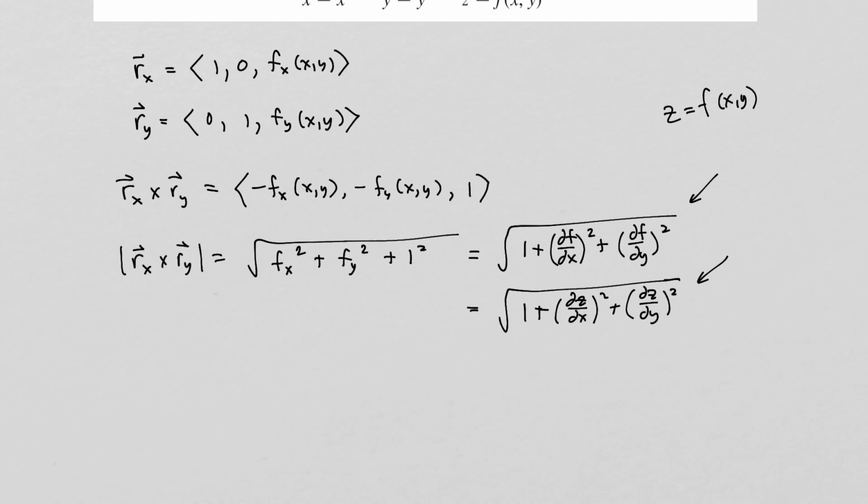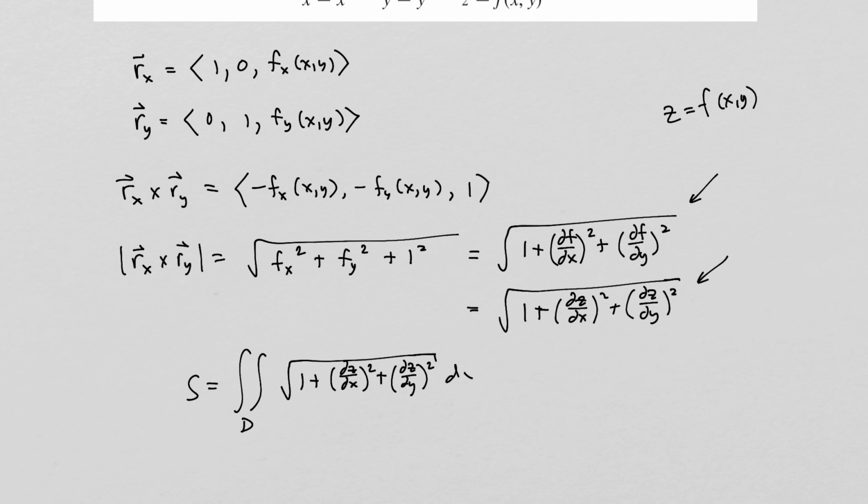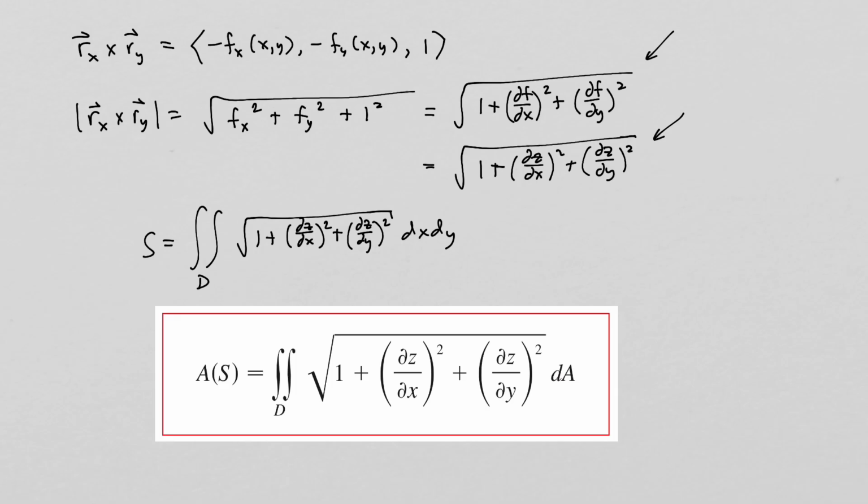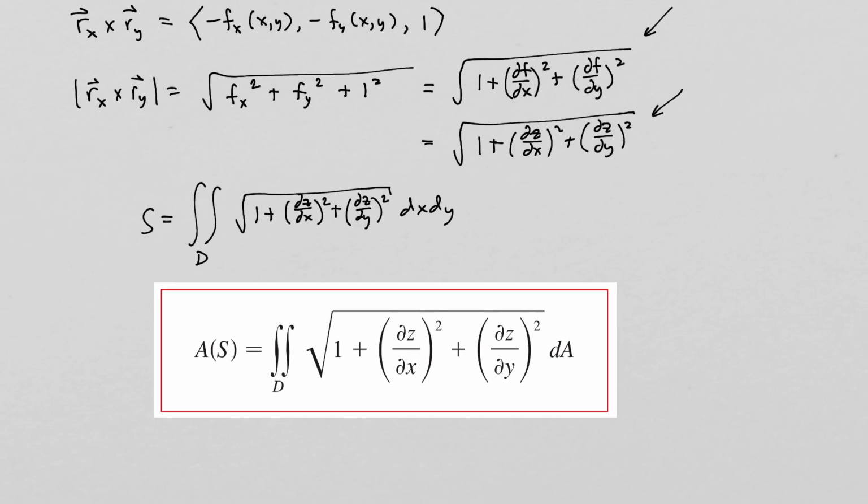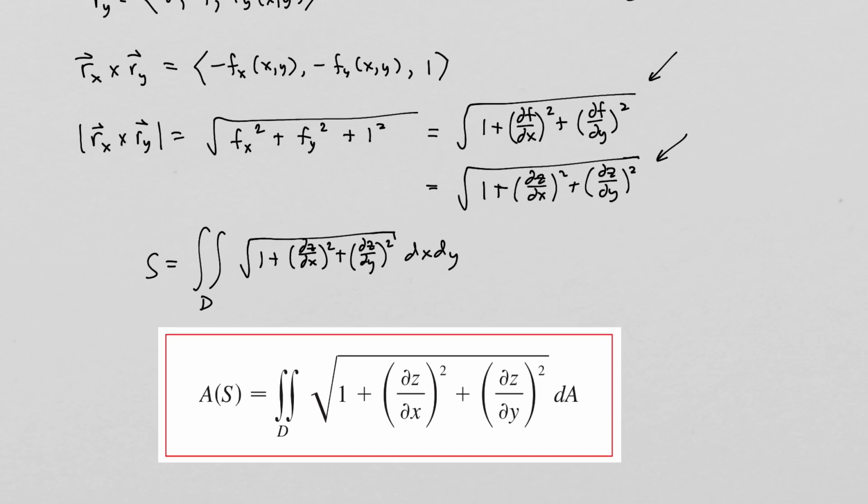But then that says that the surface area is nothing more than the double integral over the domain D of the square root of 1 plus this, and then dx dy. And this is a very similar surface area formula that you might remember from Calculus 2.